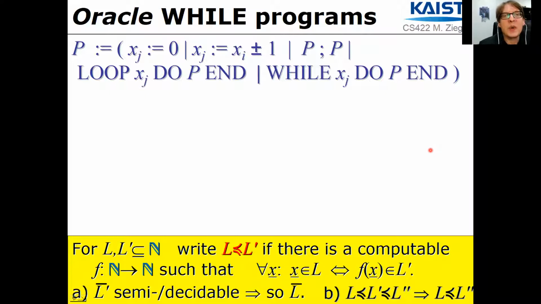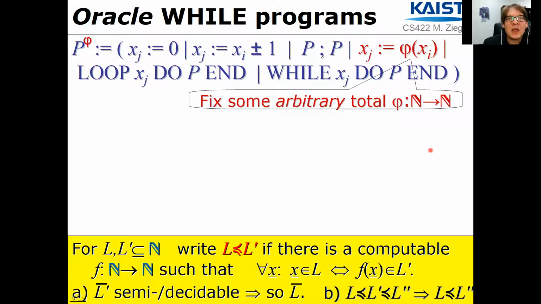So what is an Oracle while program? An Oracle while program is a while program as we know it, but with a newly introduced instruction: assign to variable xj the value of a function phi on the given value of another variable xi.